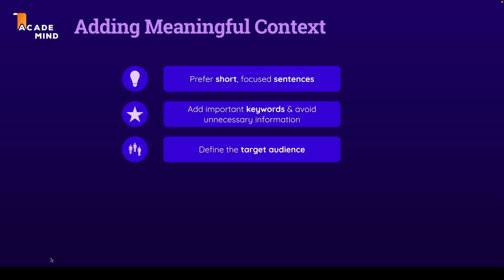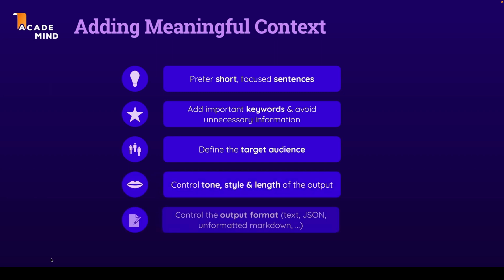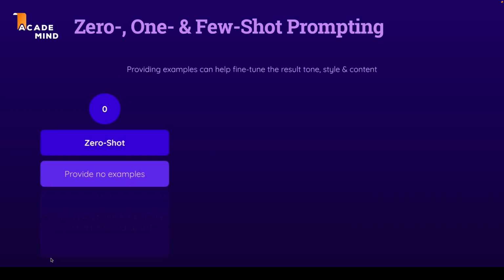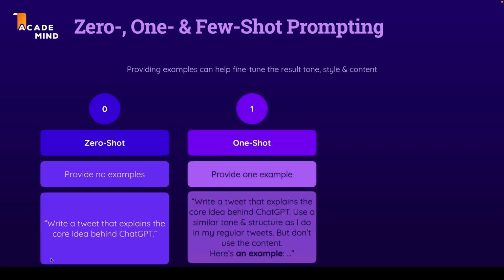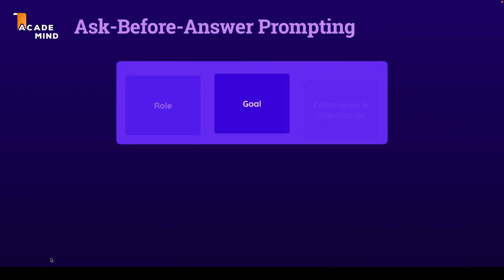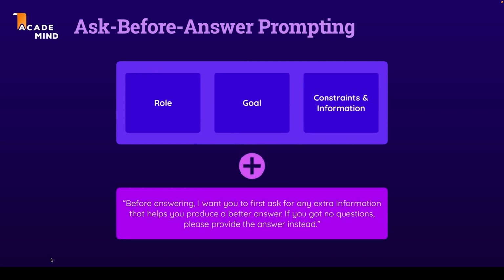And you got many ideas for content and context that could go into prompts, like, for example, specifying a target audience. You learned about many crucial techniques like zero, one, or few-shot prompting, and you learned about useful tricks like ask before answer prompting, which can also lead to better results.